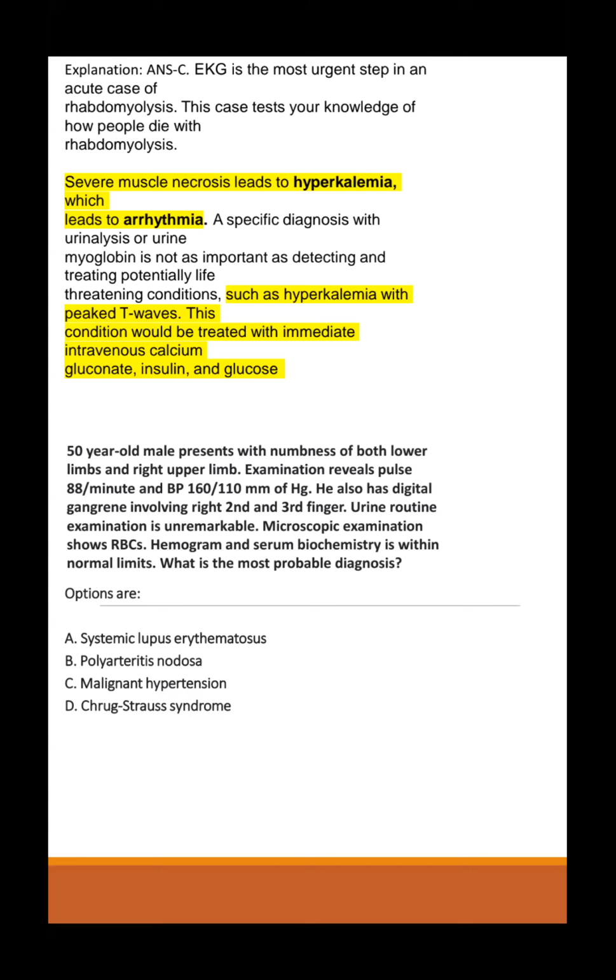Urine routine examination is unremarkable. Microscopic examination shows RBCs, and other labs are in normal range. So, ma'am, it is A.